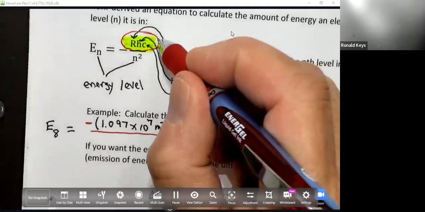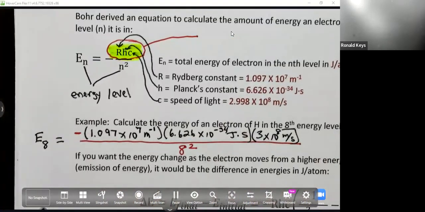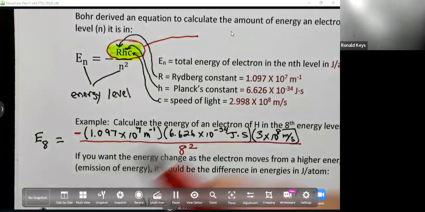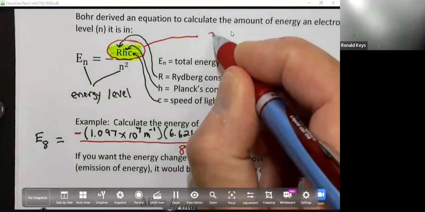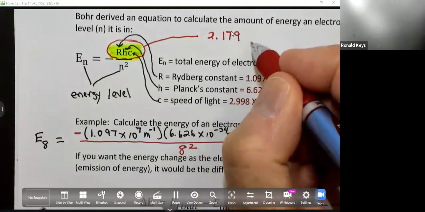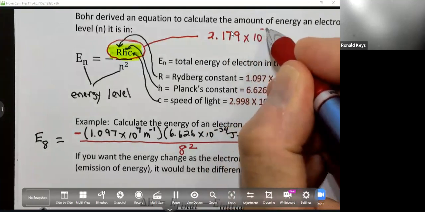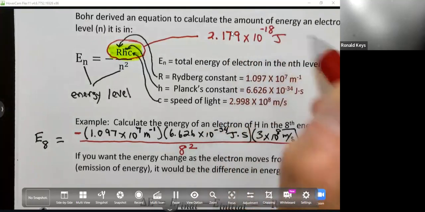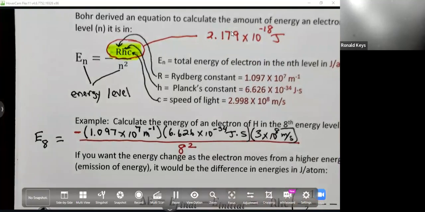RHC, what do you get for a numerator number? We get it to the -18 in the numerator. I think you should get 2.179 times 10 to the -18 joules just in the numerator.